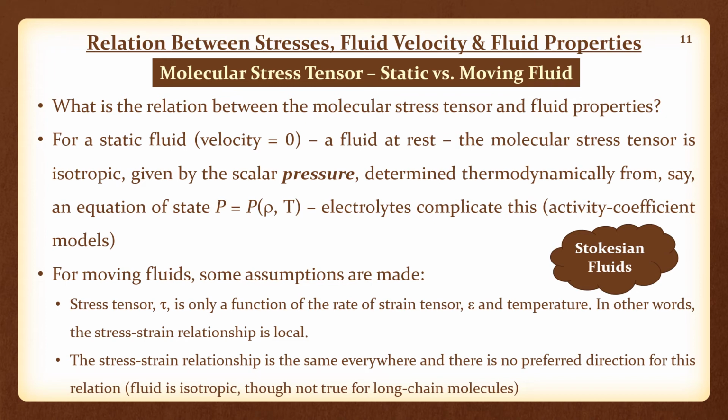The translational degree of freedom and the rotational degree of freedom are both addressed by this molecular momentum transport, right? Now, so that side is there, and then of course the other side, the left hand side in Newton's law of viscosity, is basically the flux itself. The flux is caused by this driving force of velocity gradient, which comes from strain or deformation of the fluid particle arising from friction. So far so good.